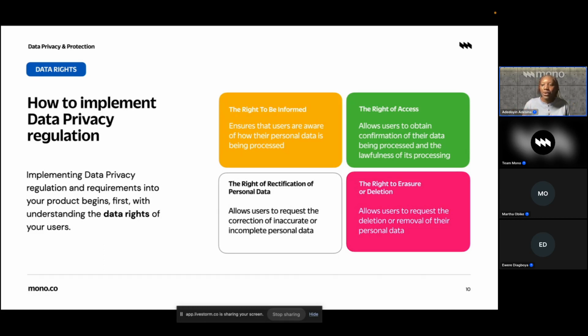So rather than, oh, we don't know how this right would be done, it should be okay. Once somebody requests for their data, or even on your app, maybe there'll be a feature to delete your account, and then you take them through the process of, oh, once you delete your account, you have a 30-day grace period to say you no longer want to delete your account, but once it's done, it's done.